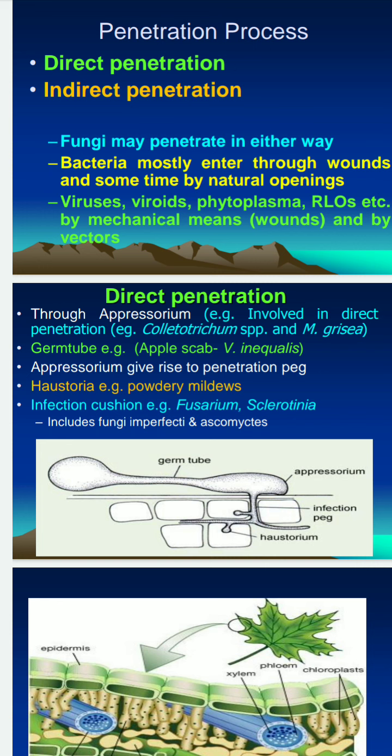Microorganisms like fungi may penetrate in many ways, direct or indirect. Fungi can penetrate the host plant in both ways, whereas bacteria mostly enter through wounds and sometimes by natural openings.